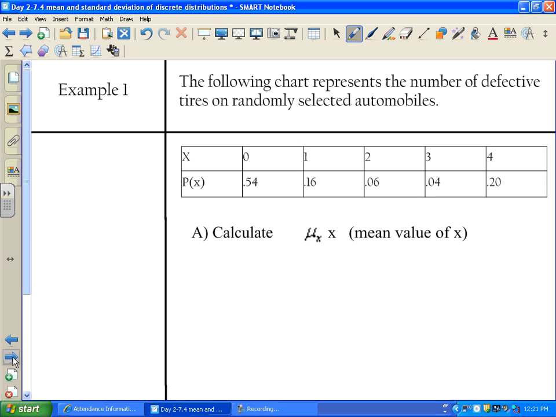So again, this is the idea of discrete random variables. In this case, this is a car better than yesterday-ish, I guess. If we're looking at defective tires, we're looking at some bad cars in this class. Yesterday was a number of major defects. Yeah. This one's 54% of the time we don't have any tires defective. 16% of the time we got one tire defective, 6% of the time 2, 4% of the time 3, and 20% of the time all 4 tires are defective.